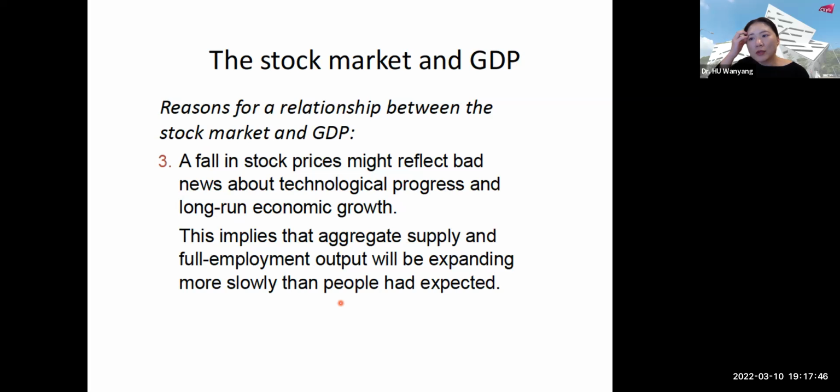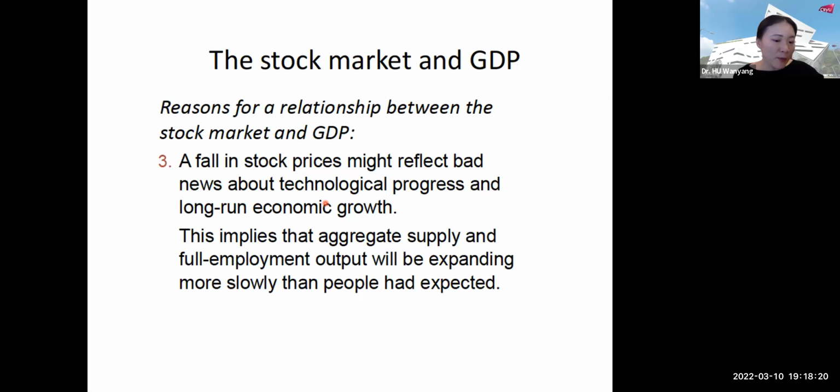Sometimes the fall in the stock price might reflect bad news about technological progress or long run economic growth. This implies that the aggregate supply and the full employment output will be expanding more slowly than people had expected. It is still expanding, but much slower.